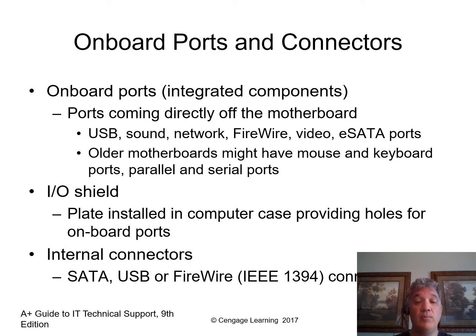So, onboard ports, I/O shield, internal connectors. This is going to vary according to manufacturer and how much PC or server you're buying, but in the norm, you'll find at least one or two of these on every one. USB certainly is going to be there. If you're buying a PC, you're going to have some sort of built-in sound, networking, FireWire, video, eSATA ports. Probably all common in a late model tower or desktop PC.